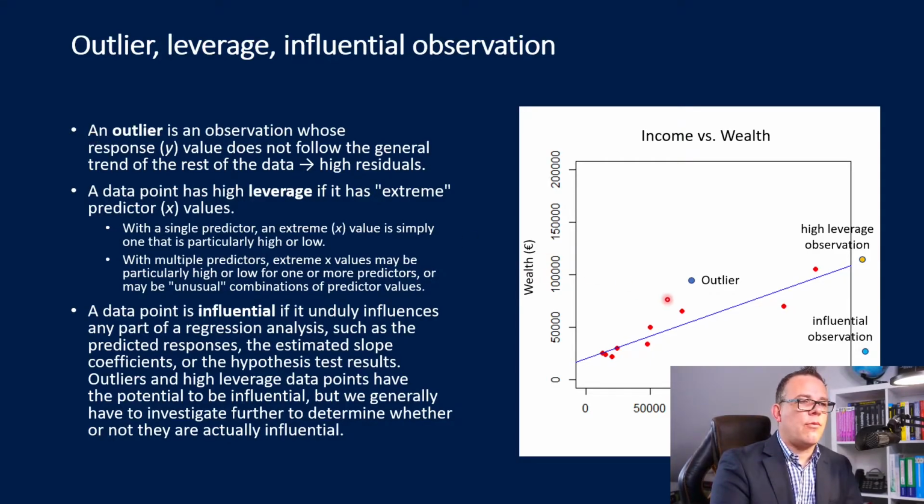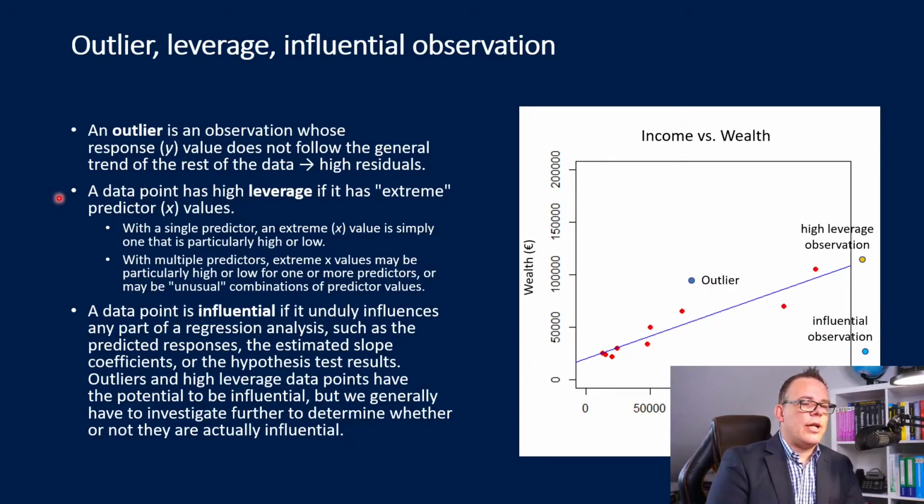So here on the right hand side we see this data point that would be an outlier because the residual, so the vertical distance between this point and the OLS regression line, would be quite high. So the outlier is an outlier because it's far away in terms of the epsilon axis from our OLS regression.